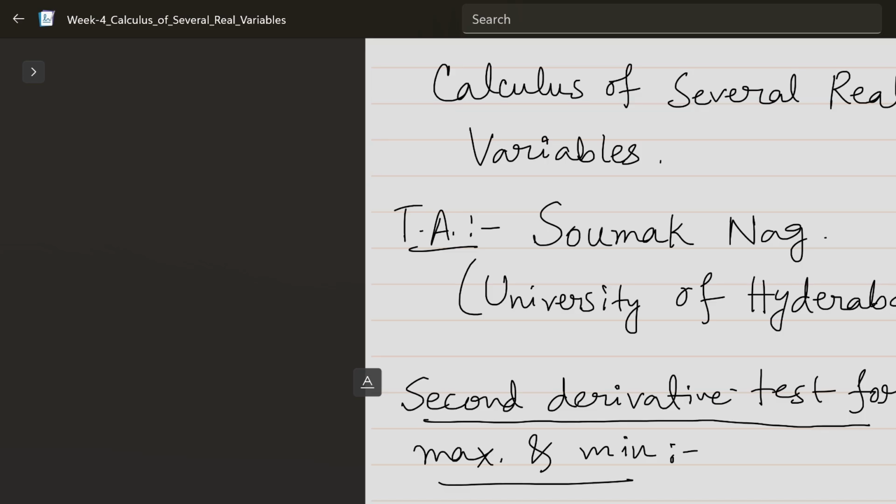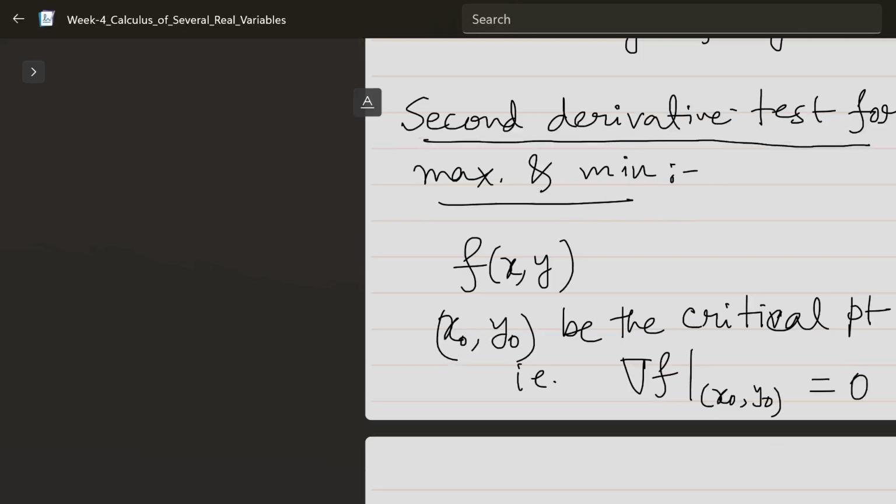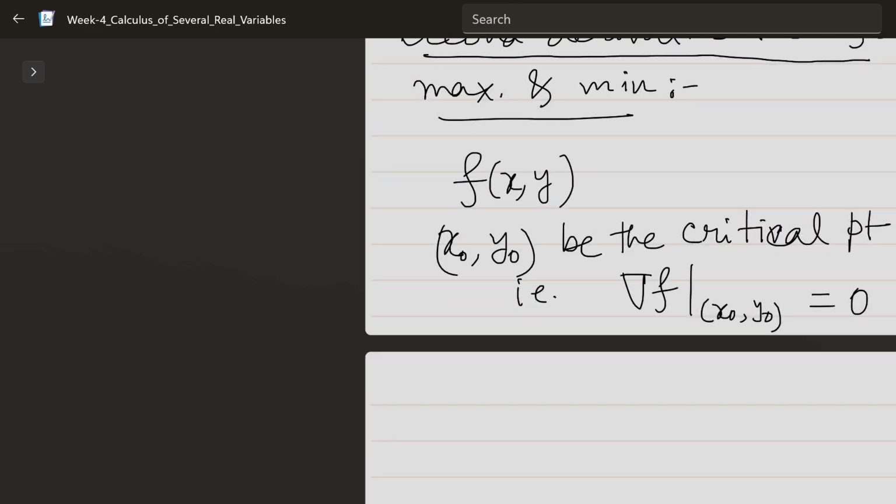That is, the gradient of f at (x naught, y naught) is 0. So what will happen if you want to find the maximum or minimum for f at (x naught, y naught)? What will it give, either maximum or minimum or both, or no extrema?